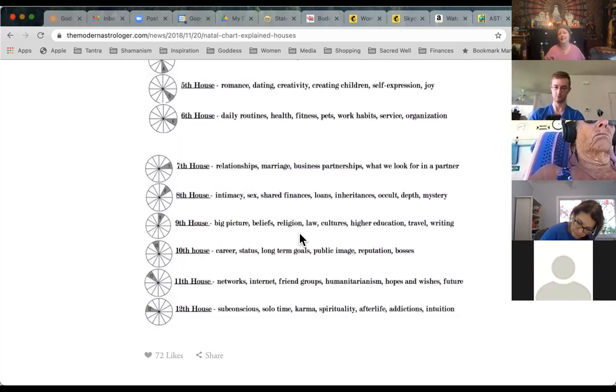So it's going to be less about shorter term learning, and more about the longer term, big arc lessons of life. And I usually put those two together, that third and that ninth house, and look at them in a context together.